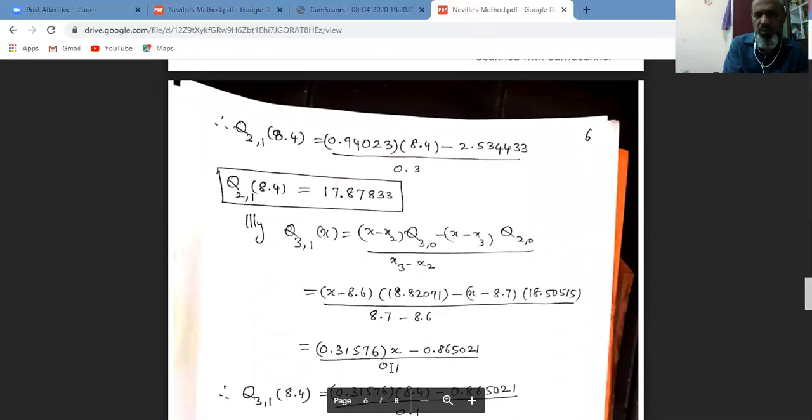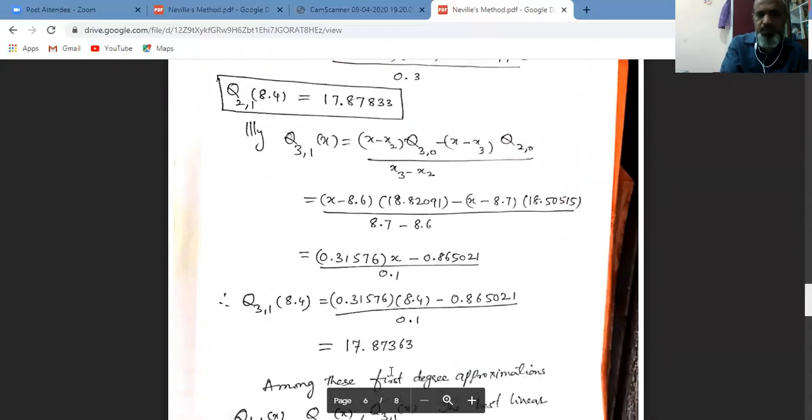So this is the value of the denominator. Now again, we have to determine the value of the first degree approximation q31 at the point 8.4. So in place of x, if we substitute 8.4, we will get the value of q31(8.4), and it is 17.87363.